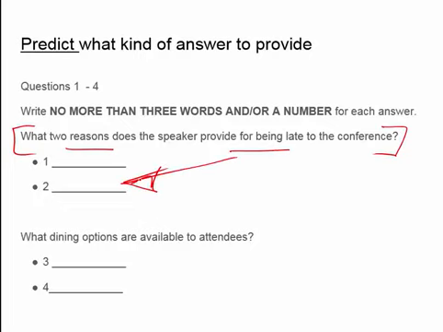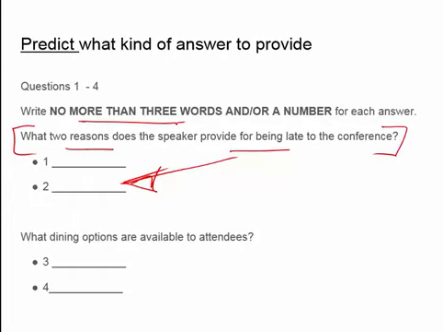A reason, it could be a sentence, it could be a noun. Okay, we don't know exactly what form the reason will come in. We do know we will have to write that reason in 3 words or less, so we'll have to listen. Maybe a good answer will be traffic accident or an appointment that ran late.